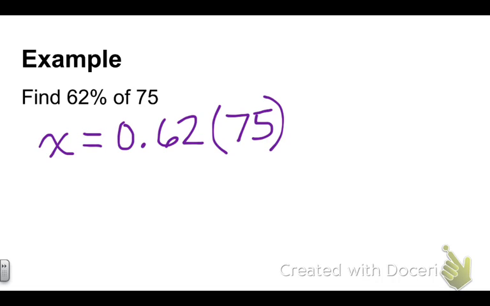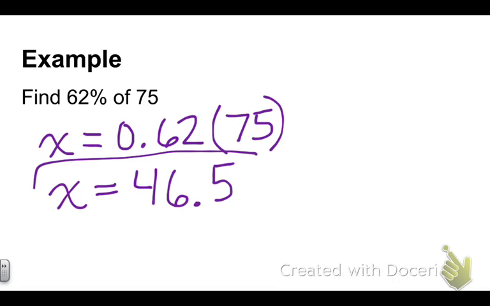So for this one, all you need to do is just simply multiply. Get a calculator, multiply it out, and x is going to be 46.5. There's no converting. That is not our percent. Our percent's already in the problem. We're looking for the actual number, and there we go. We've got 46.5.